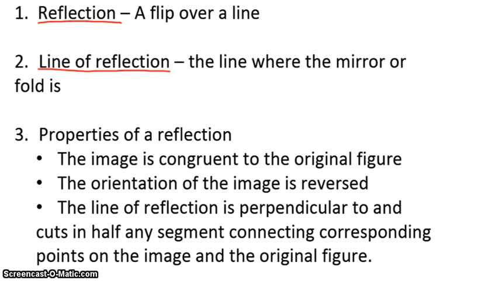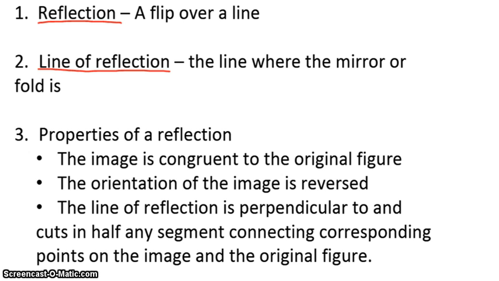The properties of a reflection are: the image is congruent to the original figure, the orientation of the image is reversed, the line of reflection is perpendicular to and cuts in half any segment connecting corresponding points on the image and the original figure.